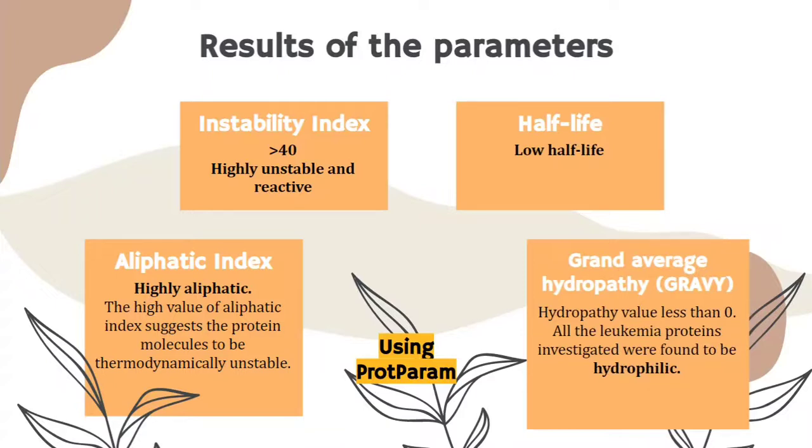All the leukemia proteins investigated were found to be hydrophilic. All of these parameters have been identified by using ProtParam software. So next, I will pass to Sister Alia to continue with the software that were used in this article.